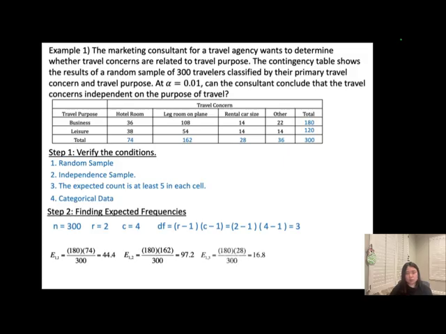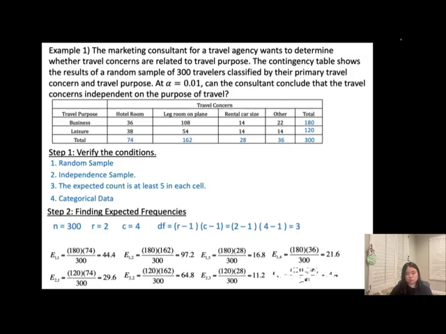Okay, check your work. Okay, double check the expected count is at least 5 in each cell here. Good.